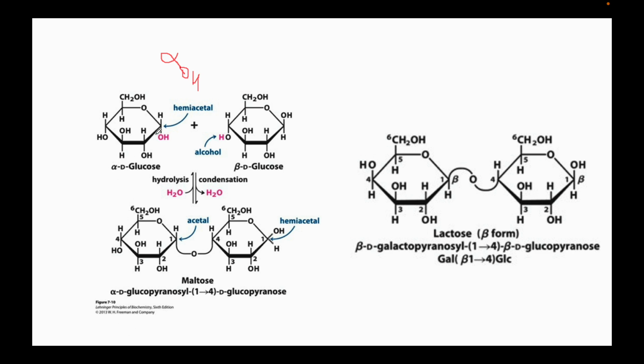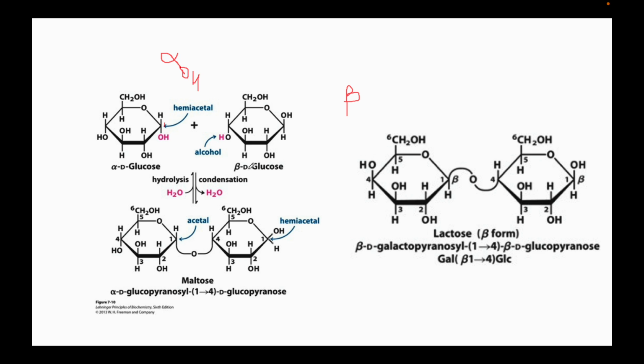So the first subunit is alpha glucose, and here this is beta glucose, correct? This is beta. So the first carbon here is attacking the fourth carbon to get alpha-D-glucopyranose 1,4 D-glucopyranose.